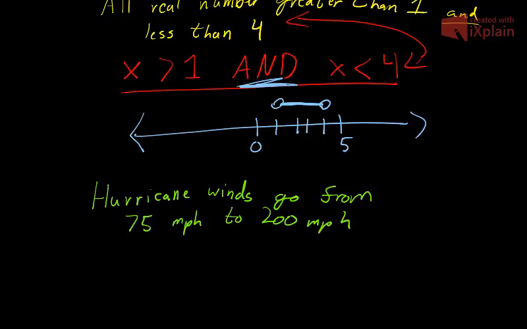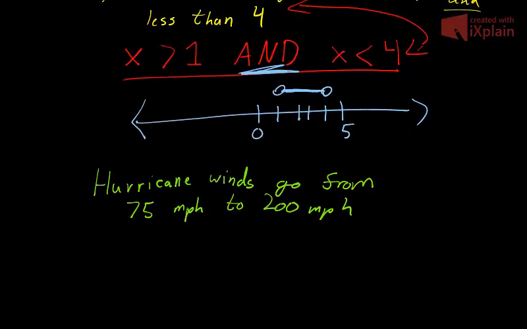So if they go from 75 to 200, that means they can be 75 or 200, but they can't be less than 75 or more than 200. So what we're going to do is write that x has to be greater than or equal to 75. If it's less than 75, it's not really a hurricane. But this does say that it could be 75. It goes from 75 to 200.